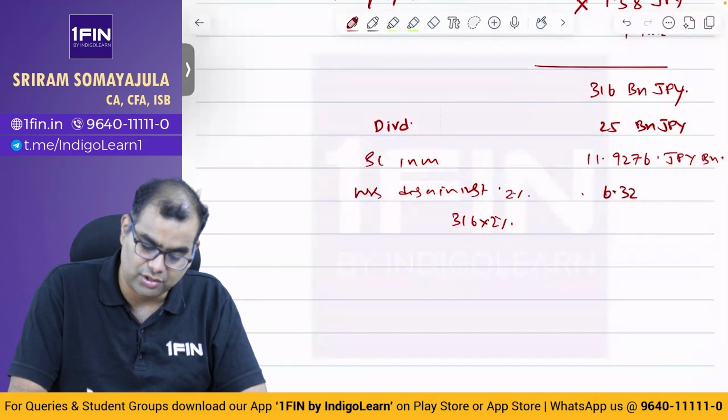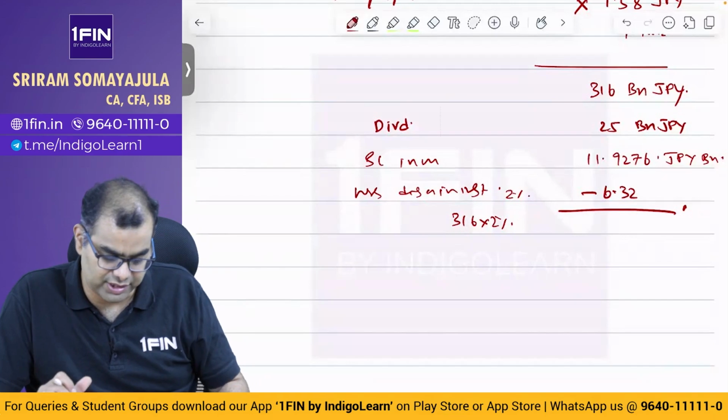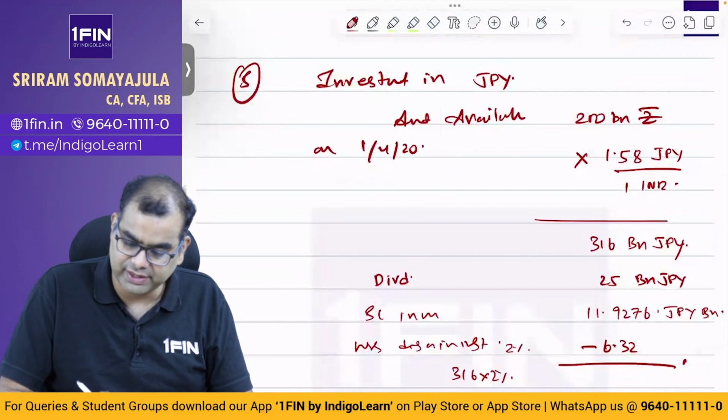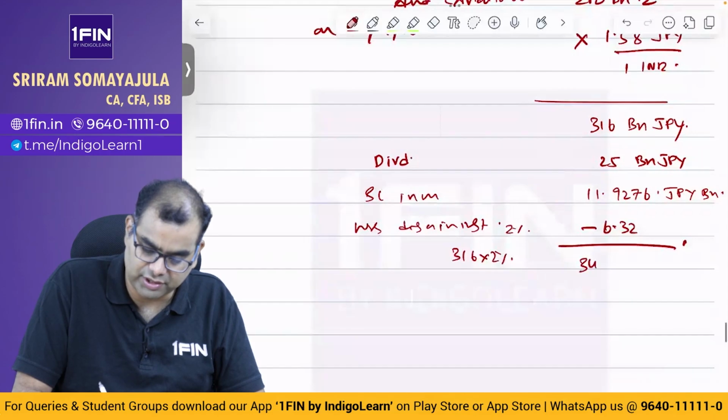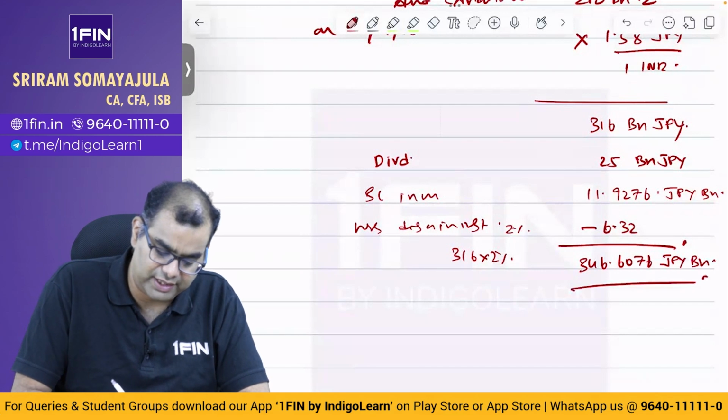This is a reduction. Okay, so now 316 plus 25 plus 11.9276 minus 6.32. It gives you 346.6076 JPY billion. Now this is the value as on 30th September.